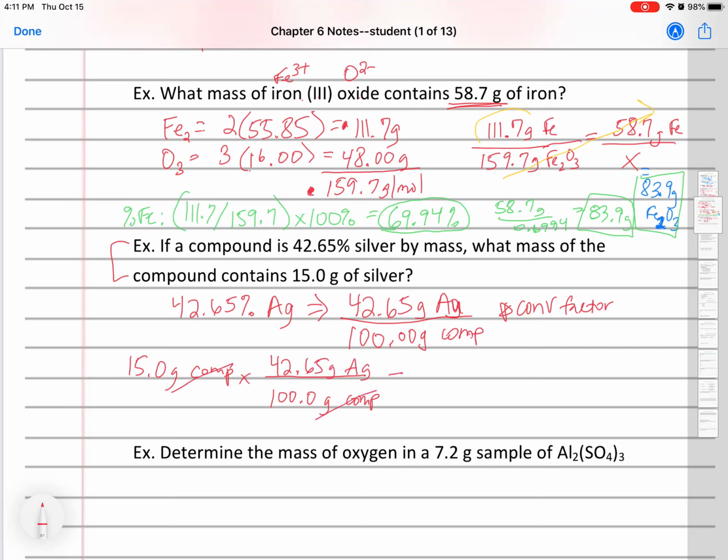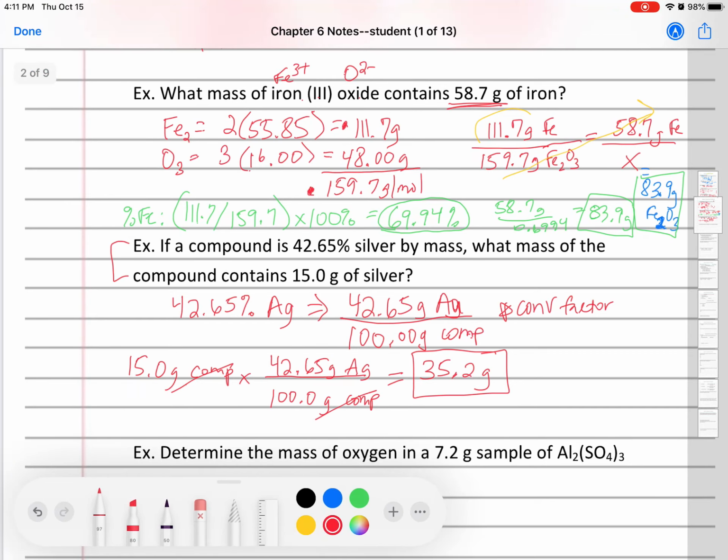Our grams of compound cancel out. 15 times 42 divided by 100 is 35.2 grams. So in other words, you would need, nope, I did that wrong. Sorry, my bad.